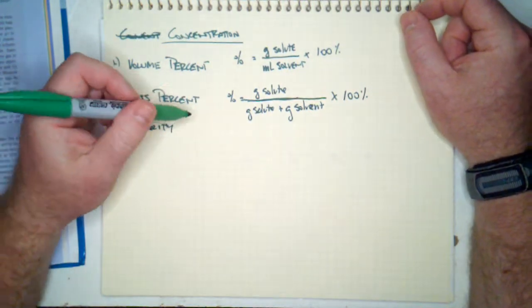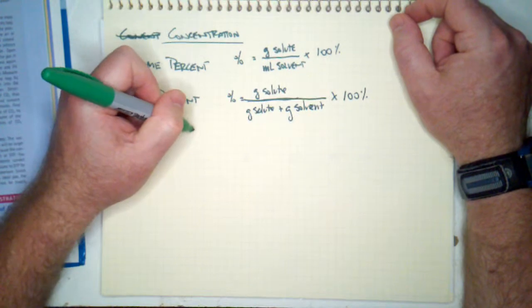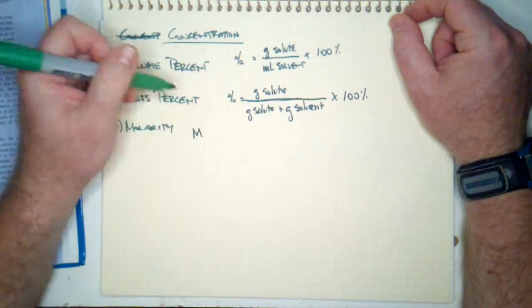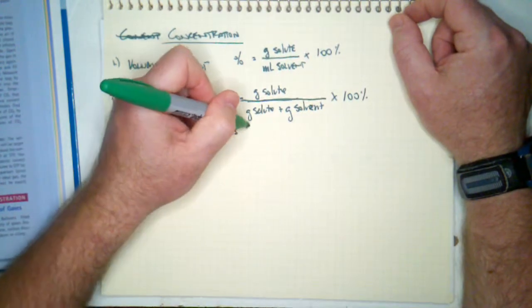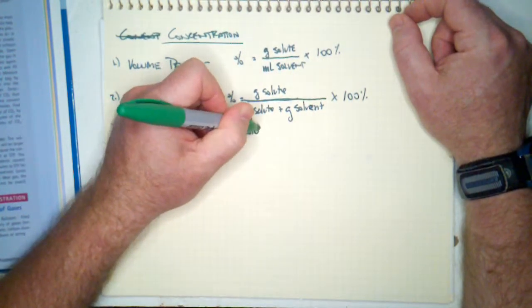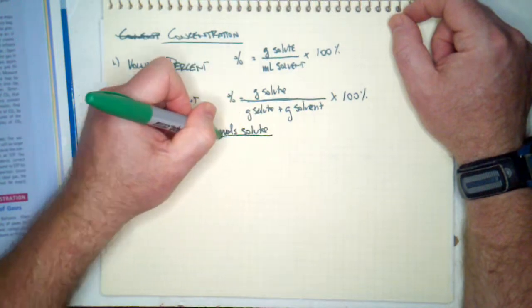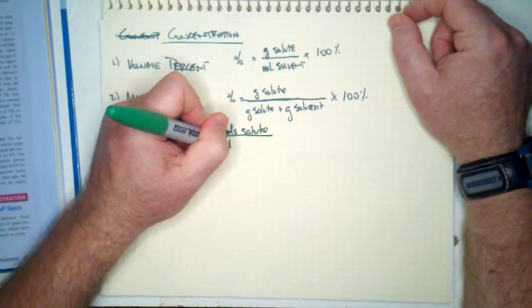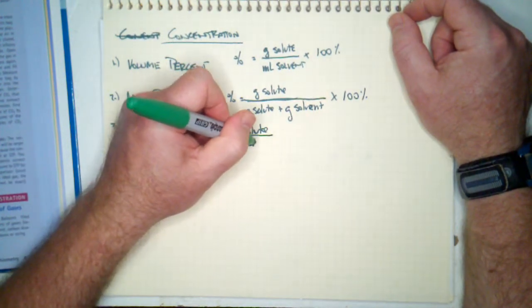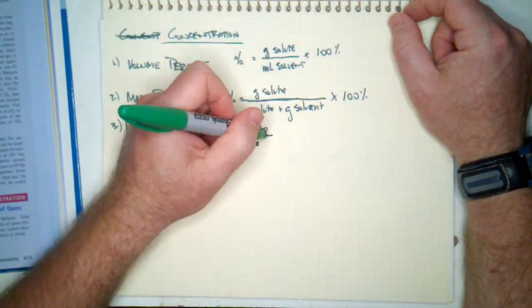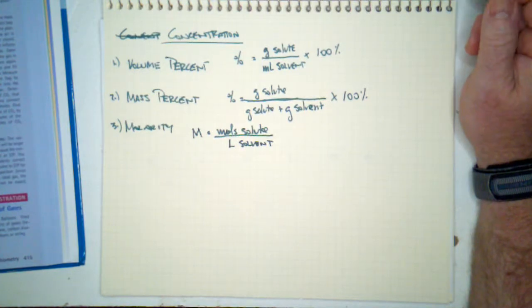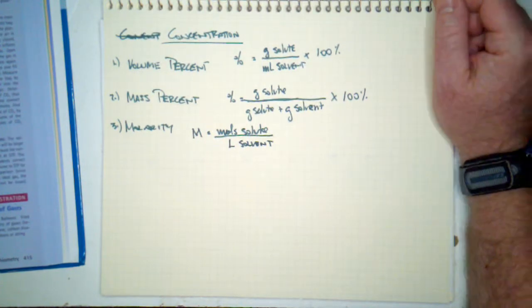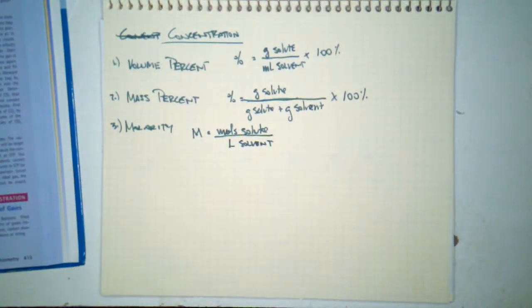And then lastly, molarity, big M for molarity, is moles of solute divided by liters of solvent. And that's all there is to it. No multiplying by 100. Much more handy in doing stoichiometry problems.